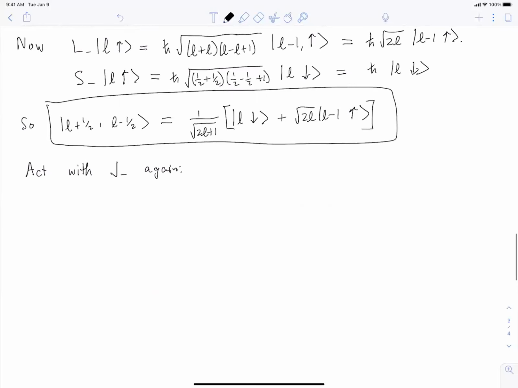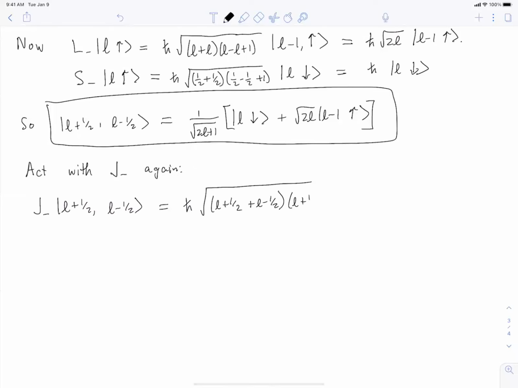Okay, and so on the one hand, if we act on this state that we've just constructed with J minus, we get from the master formula h bar times square root of (L plus 1/2 plus L minus 1/2) times (L plus 1/2 minus L minus 1/2 plus 1).